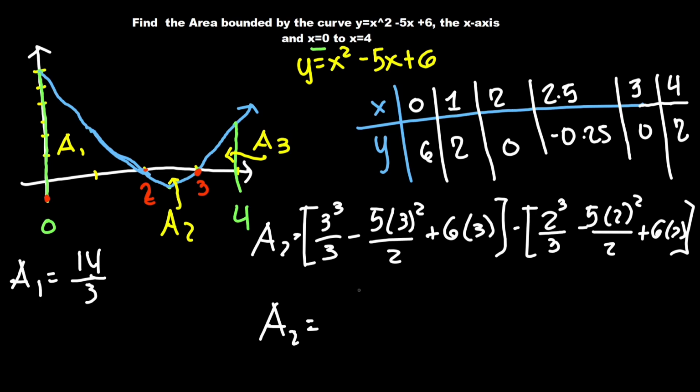Three cubed would be equal to 3 times 3 would be 9 times 3 would be 27 divided by 3, which is simply 9. Minus 3 squared would be 9, multiplied by 5 would be 45, divided by 2, plus 6 times 3 would be equal to 18.